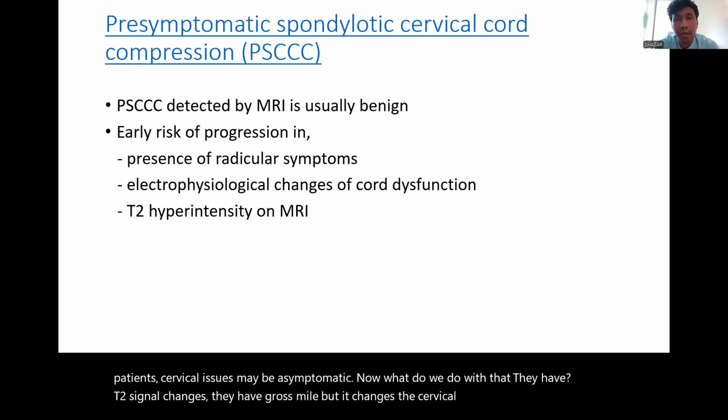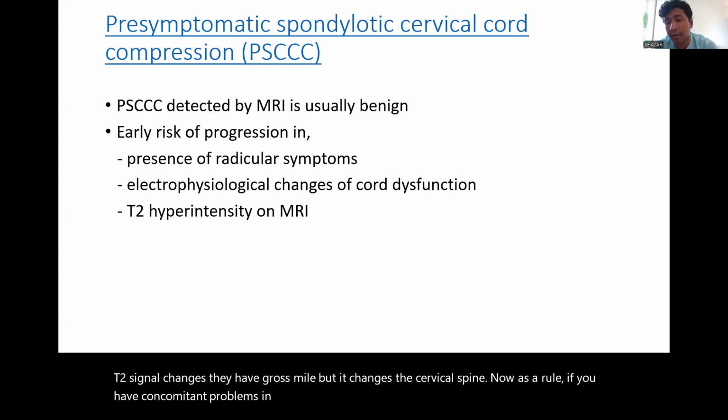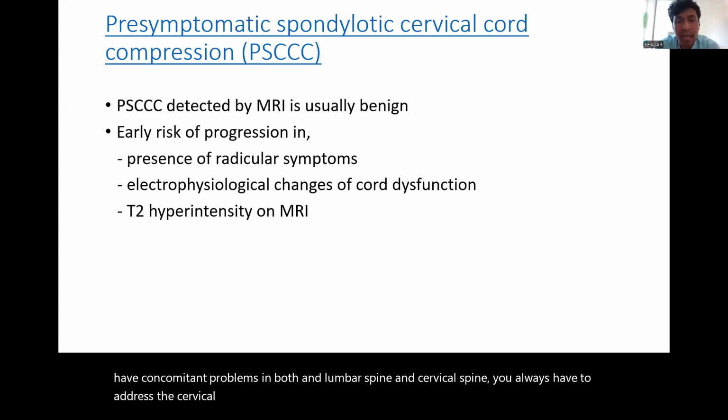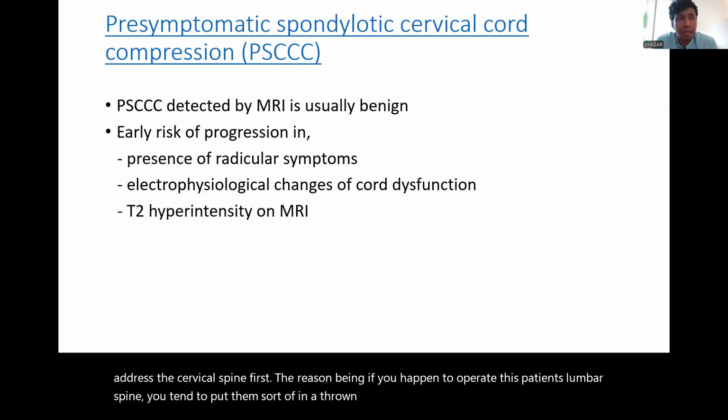Now, as a rule, if you have concomitant problems in both the lumbar spine and cervical spine, you always have to address the cervical spine first. The reason being, if you happen to operate on this patient's lumbar spine, we tend to put them in a prone position. Surgery may cause hypotension, blood loss.